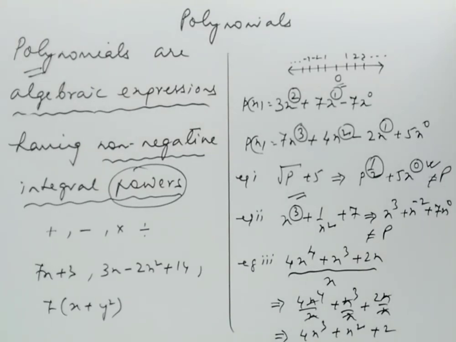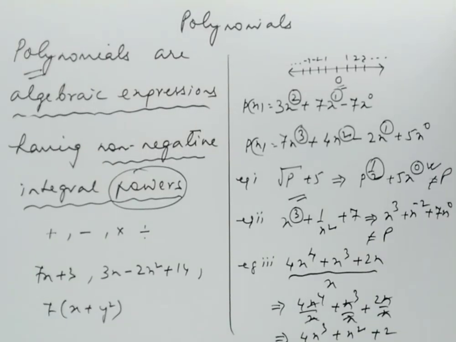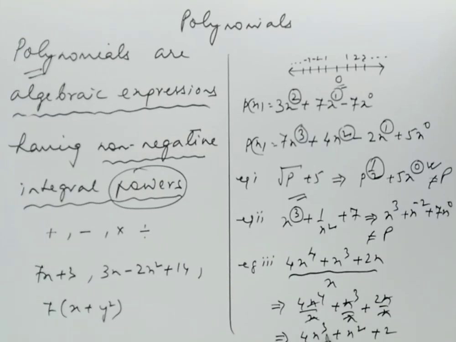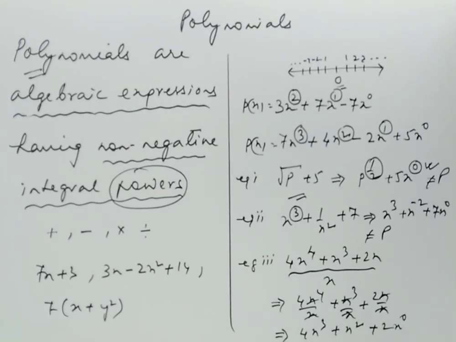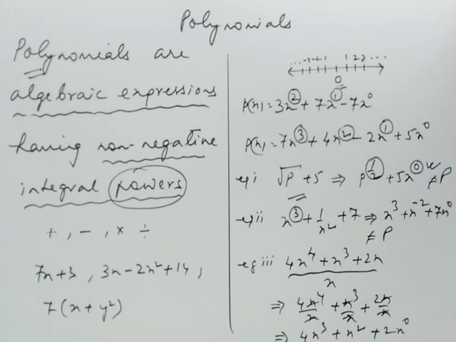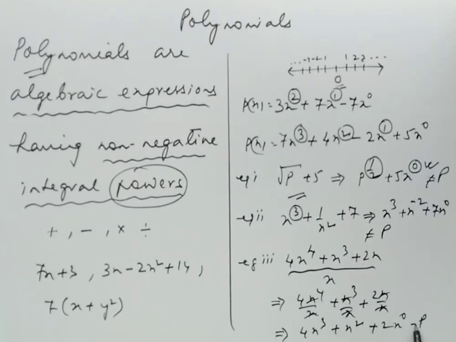Got it or not? This has a non-negative power, this 2 also has, and this has x to the power 0. As a result, this is a polynomial.